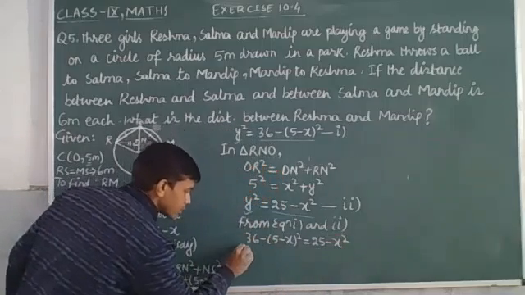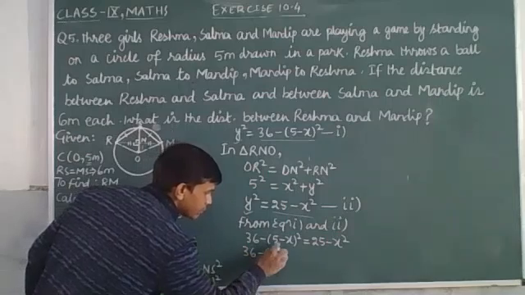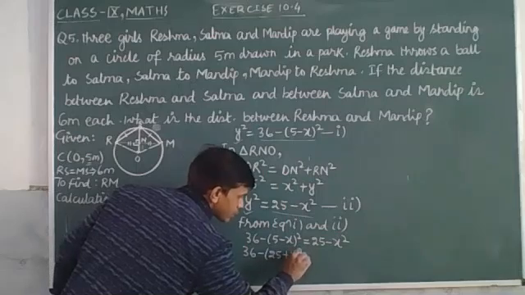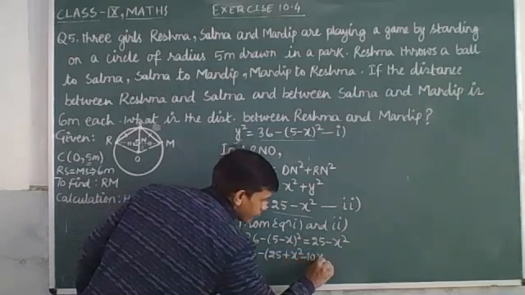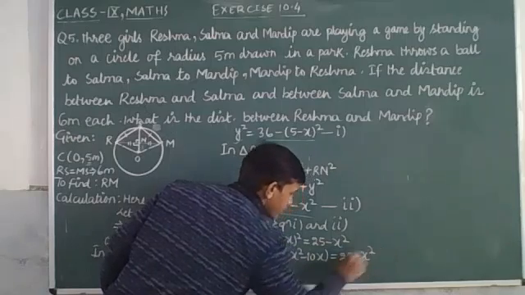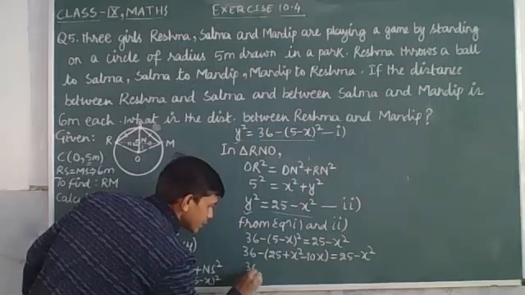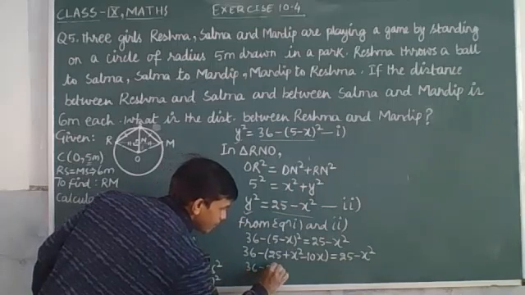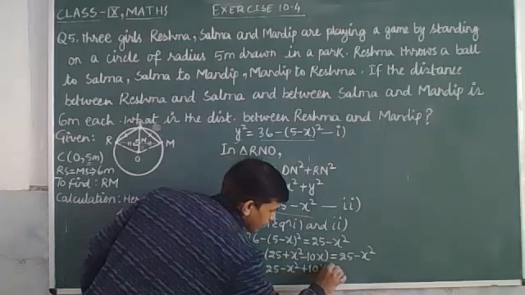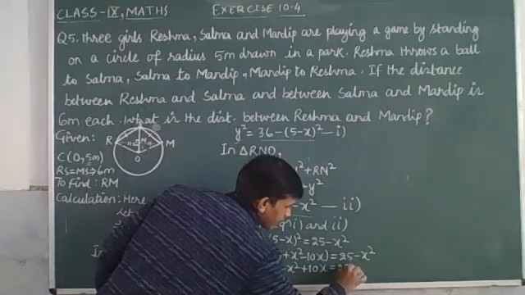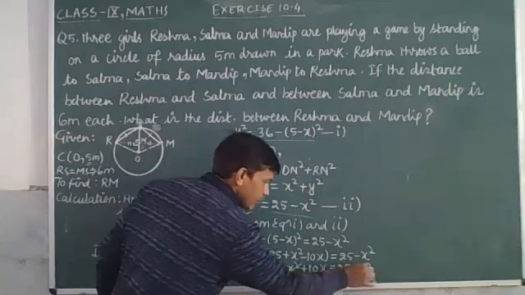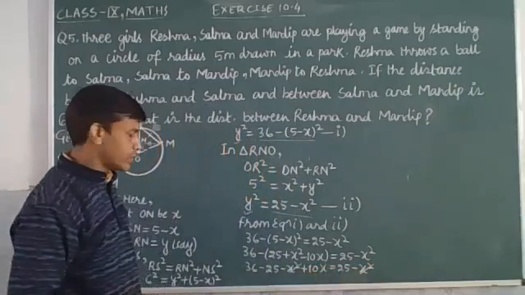Let's simplify this. So it is 36 minus (5 minus x) whole square. It becomes 36 minus 25 minus x square plus 10x equals 25 minus x square. Minus x square and minus x square are eliminated.